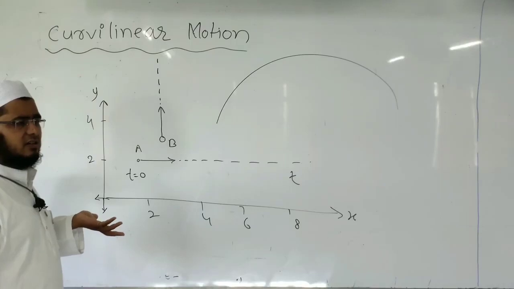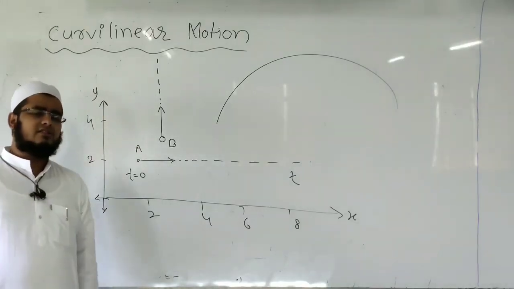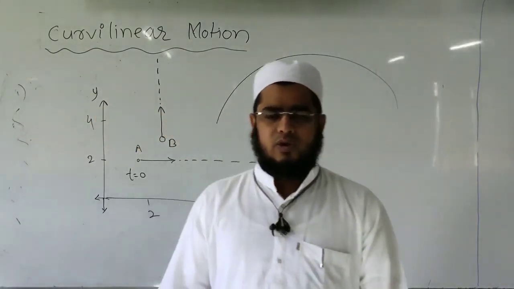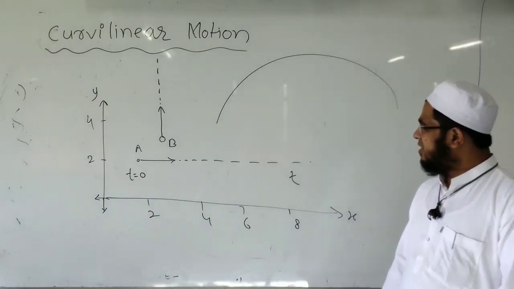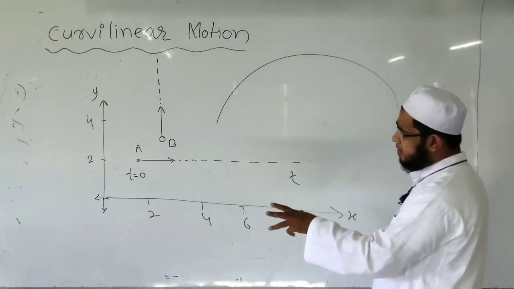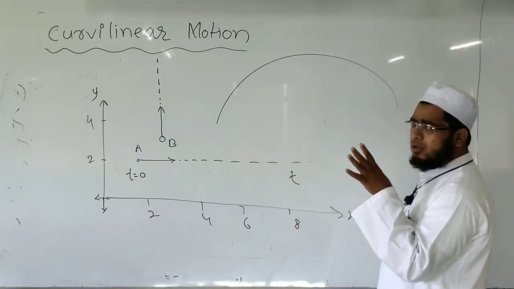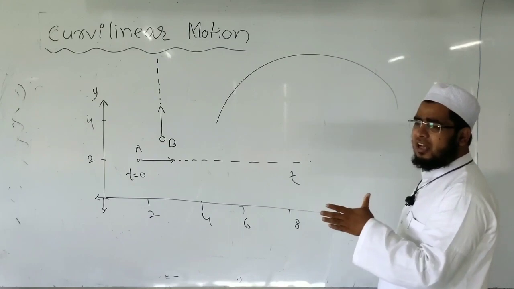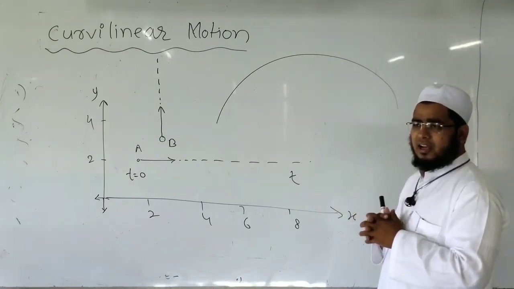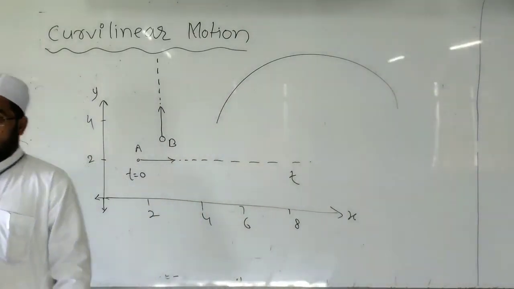And in the case of motion under gravity, the acceleration becomes acceleration due to gravity, which is always acting in the vertical direction. So in general, in rectilinear motion, the displacement, position, velocity, and acceleration are along the same line, and ultimately the other coordinate becomes 0 because there is no change.